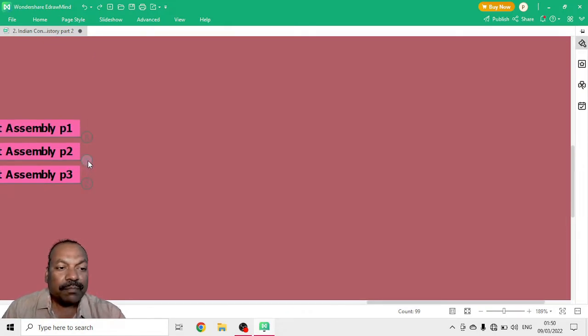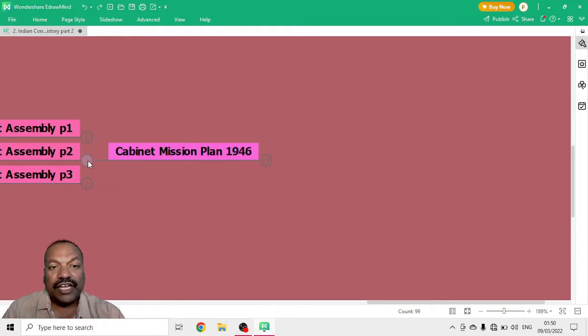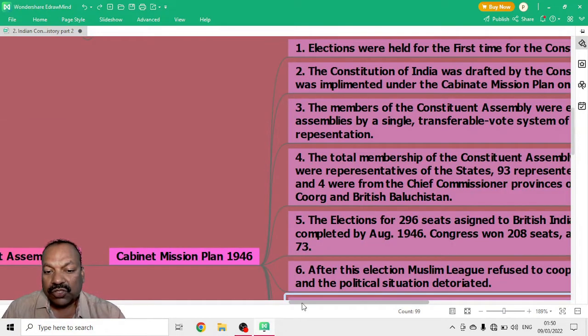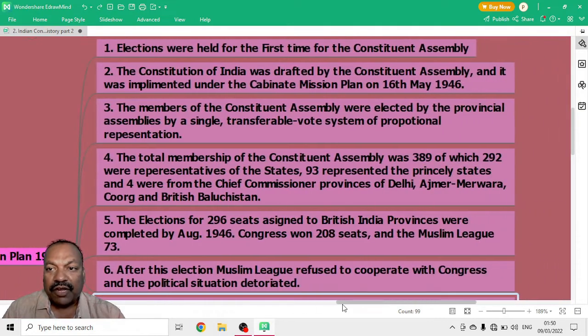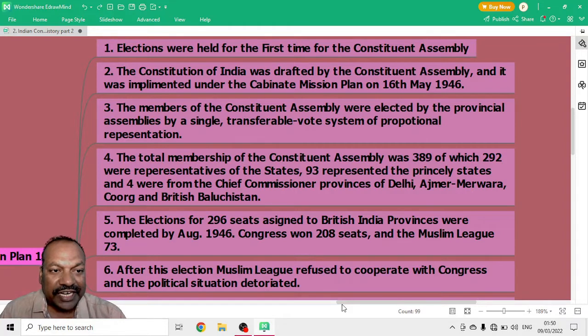Secondly, in the second part, we will look at how this Constituent Assembly was seen during the period of the Cabinet Mission Plan. Under this Cabinet Mission Plan, elections were held for the first time for the Constituent Assembly.